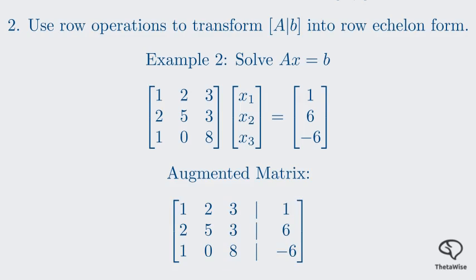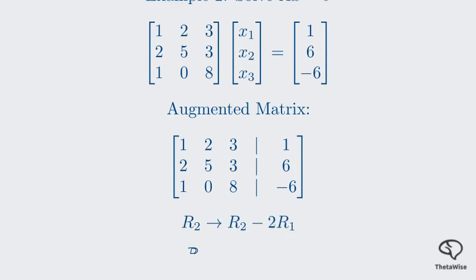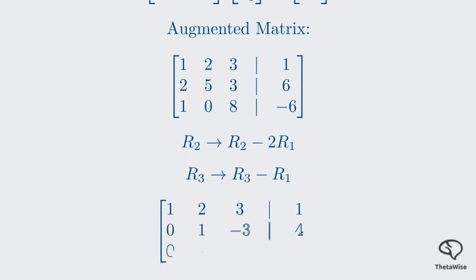Let's start by making the elements below the first pivot, which is 1, equal to 0. We'll replace row 2 with row 2 minus 2 times row 1, and replace row 3 with row 3 minus row 1. This gives us the new matrix 1, 2, 3, 1, 0, 1, minus 3, 4, 0, minus 2, 5, minus 7.